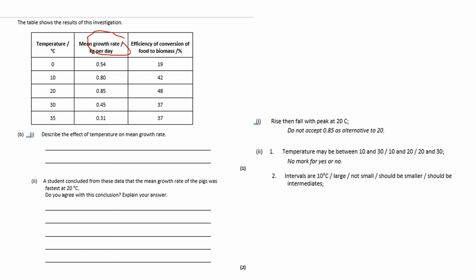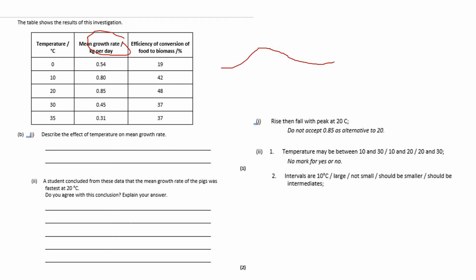And then, so the peak is at 20 degrees, and then there is a fall. So you need to describe that rise and then fall with a peak at 20 degrees from what you can see from the data. So if that was on a graph, you'd expect to see a rise and a fall.